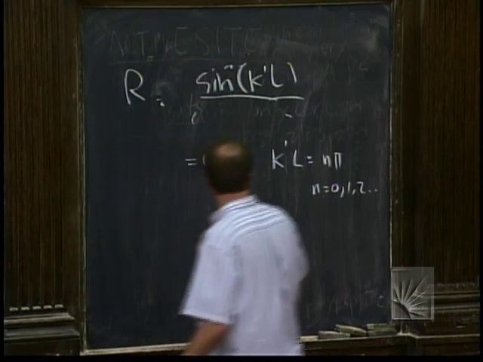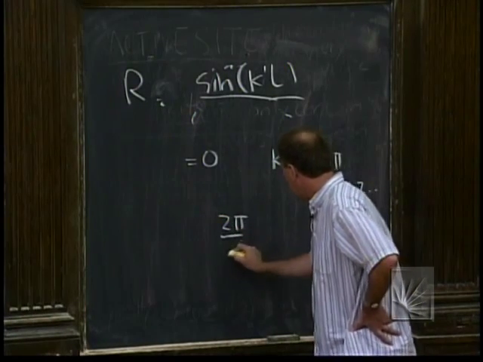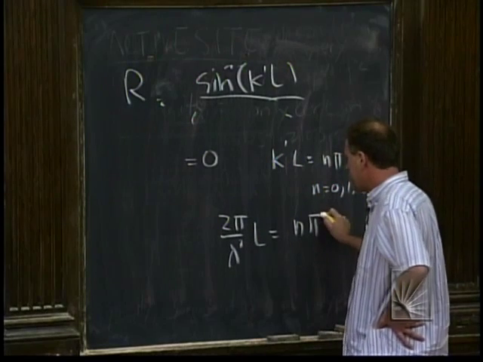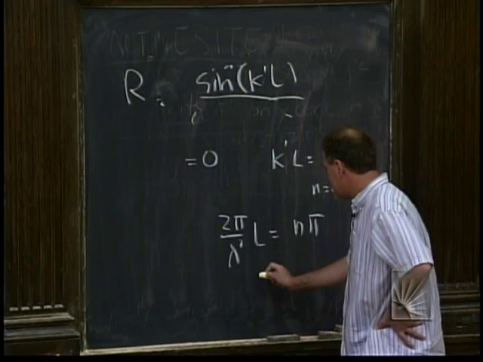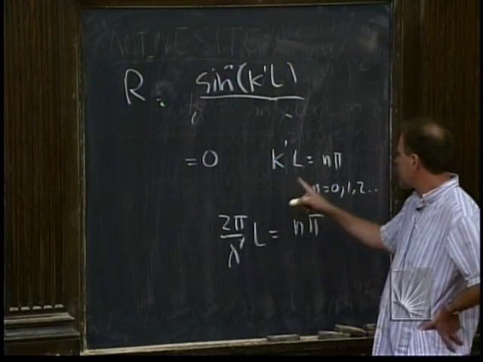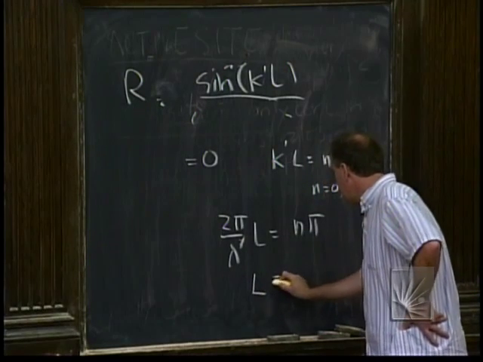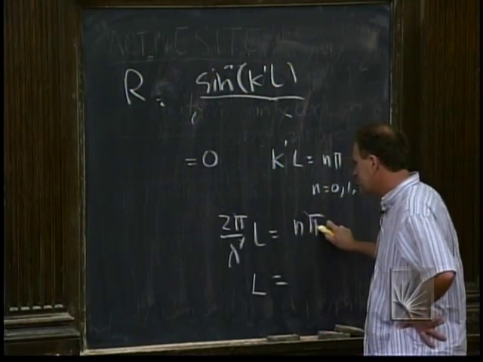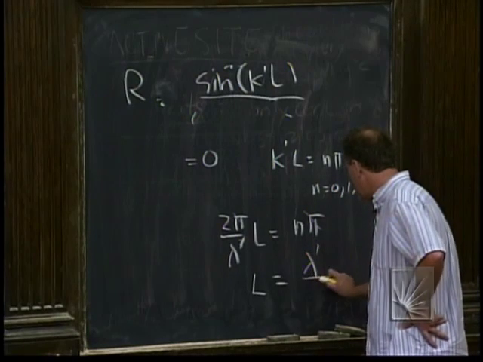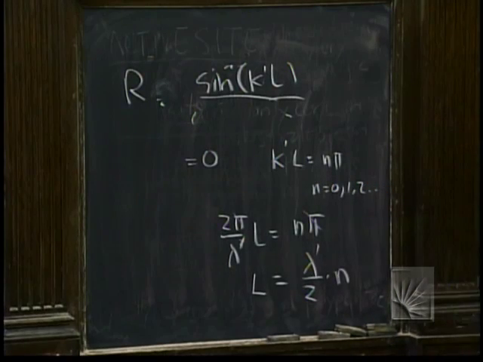Right, and what does this imply? This is saying 2 pi over lambda prime L equals n pi, where lambda prime is the wavelength associated with this k. This is to say L equals, the pi's cancel, and just rearranging, n times lambda prime over 2, and then n is these values.